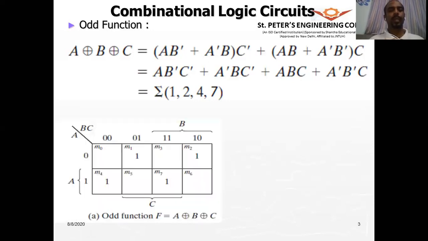We can identify that this is in the standard form we are writing. So we can write the K-map and try to simplify this expression. You see that there is no grouping anywhere, so we can't do the grouping. Therefore this will appear as it is.